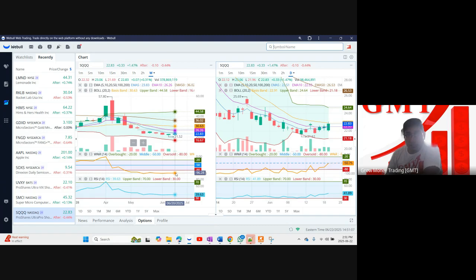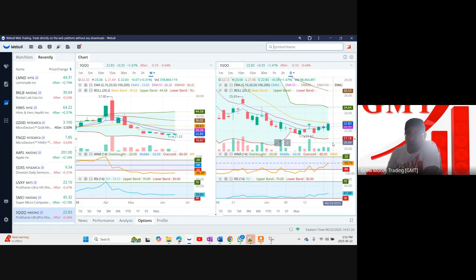The EMAs and also the trend indicators here, Williams R, CCI, these are in oversold, and we expect the SQQ price to go up. On a daily chart, it's very clear.